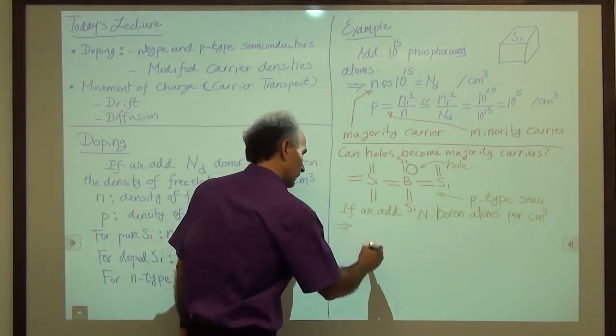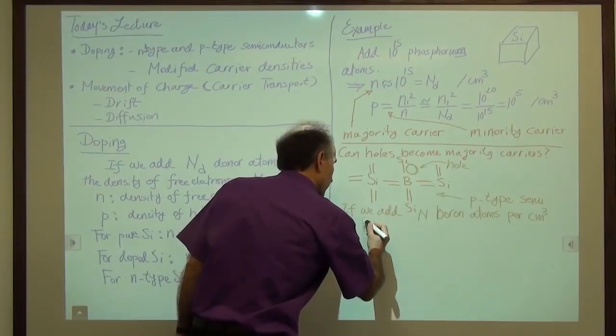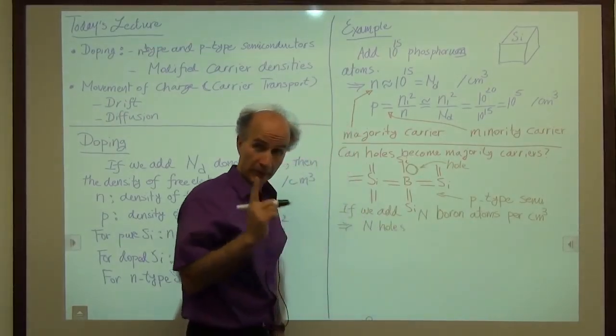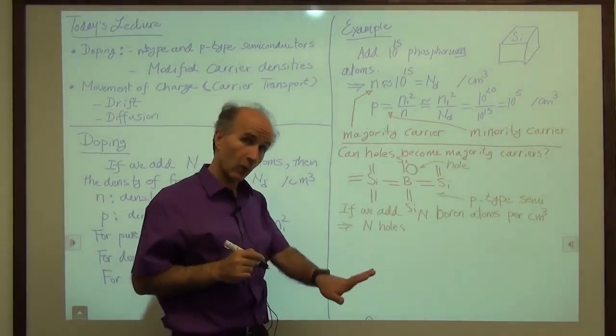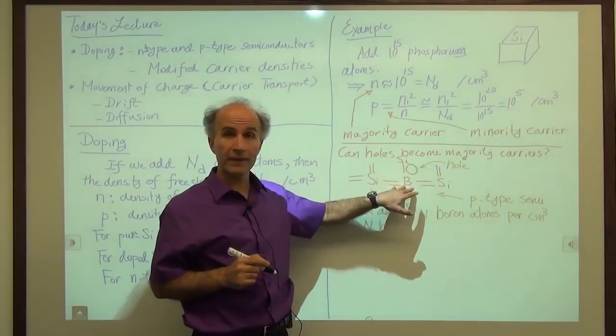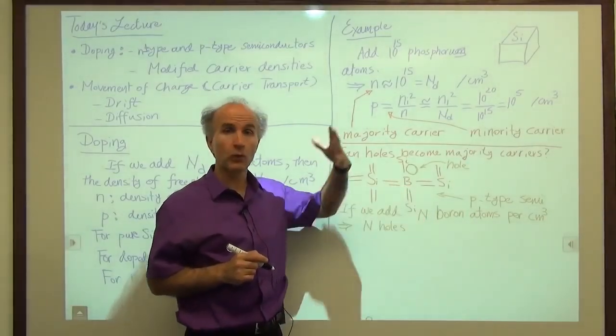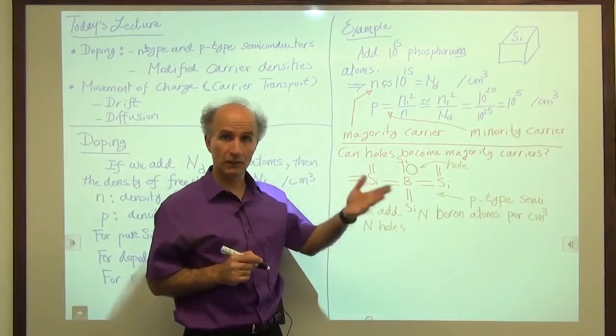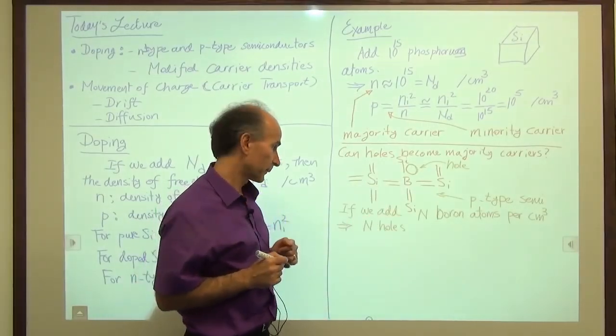Then we have N holes, approximately, because we still have the holes of pure silicon, but again we're assuming that the number of borons that are added is much more than 10 to the 10. So again, typically it might be 10 to the 15, 10 to the 16, 10 to the 17.